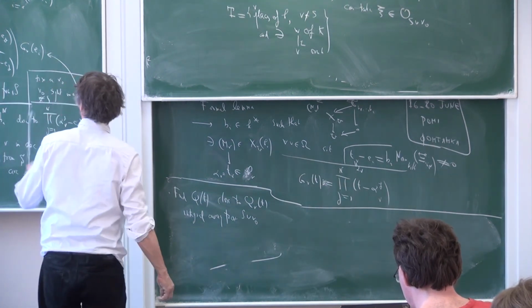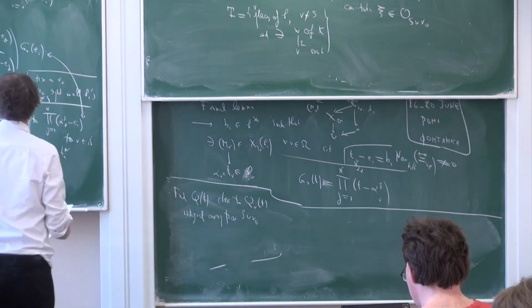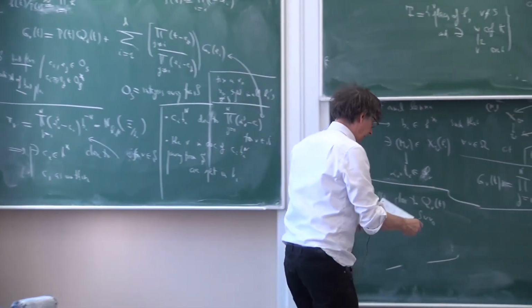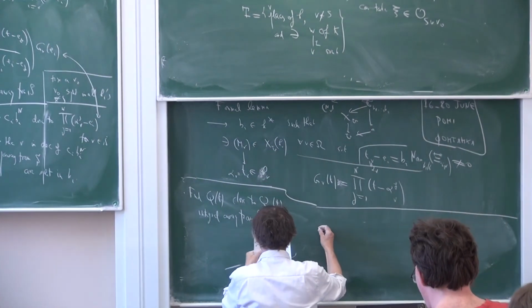And then for the other one, we just take this quantity here, which we throw in here, except that there's a trick: there's a sign here.